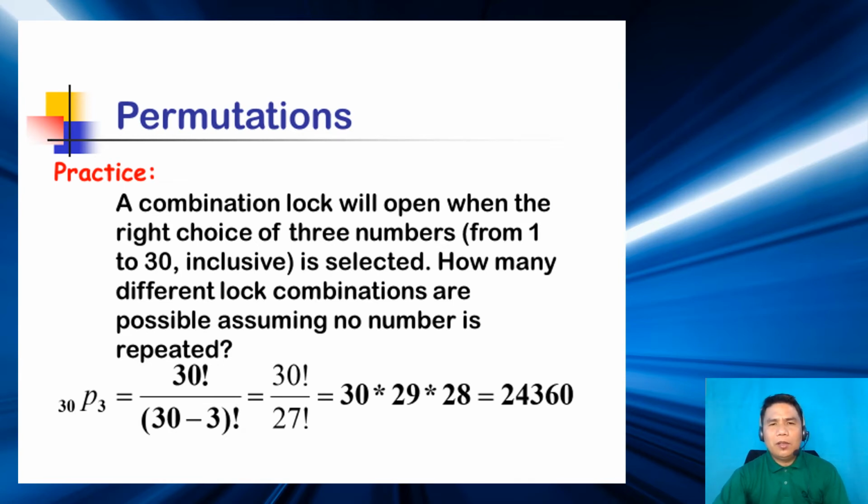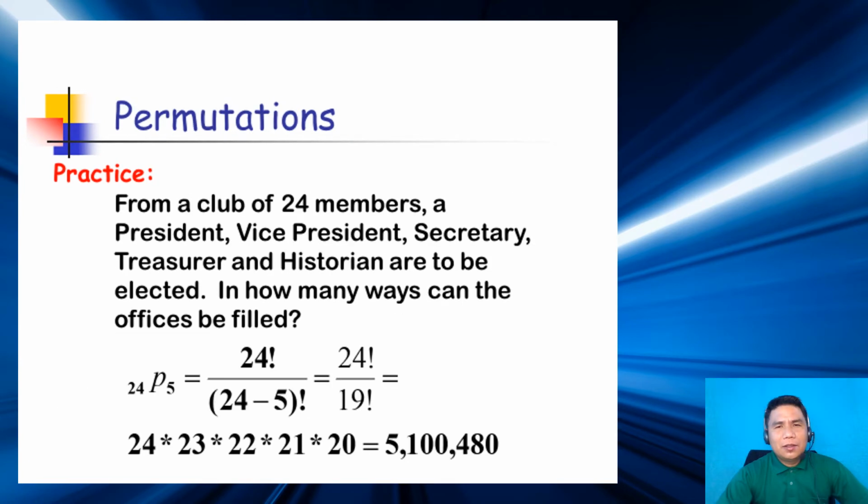If you multiply 30, 29, and 28, that would be equal to 24,360. So these are the number of possible ways or combinations if you are to select 3 from 30 numbers. Let's continue with another practice problem.